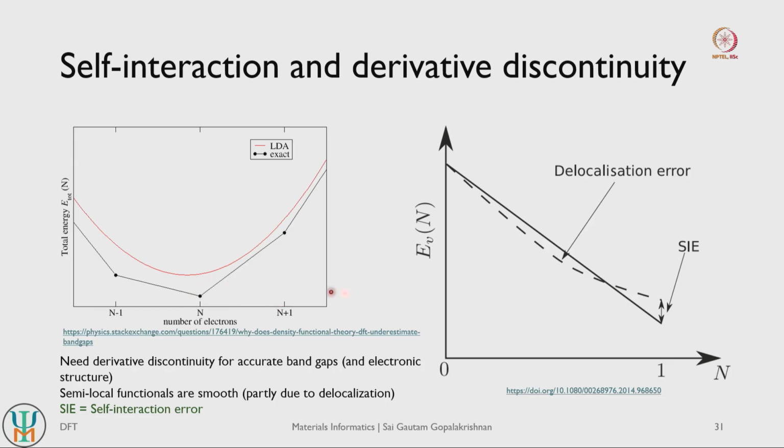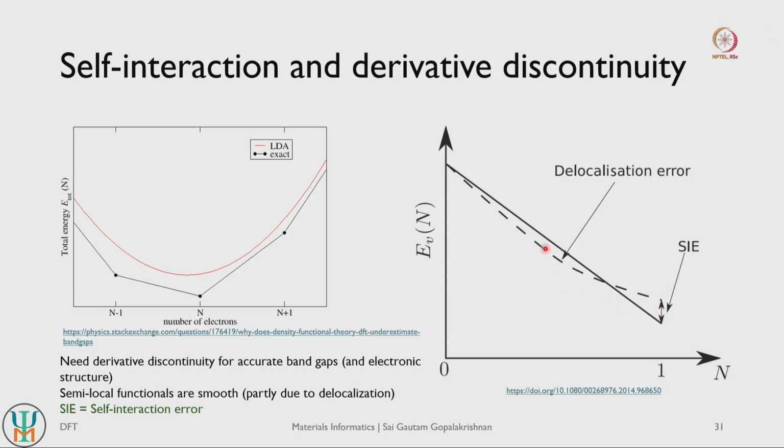So this does not have it, and we can also think about why there is a lack of this sort of derivative discontinuity in actual functionals. We can attribute this to a combination of two errors. One is the delocalization itself. In LDA or GGA or even meta GGAs to some extent, your electrons do delocalize compared to what they should be. And the resultant self interaction error, right.